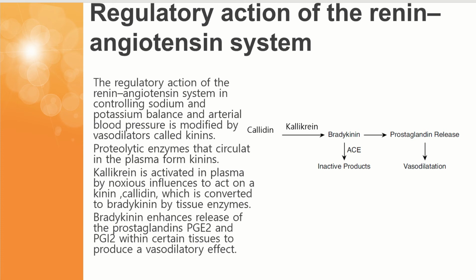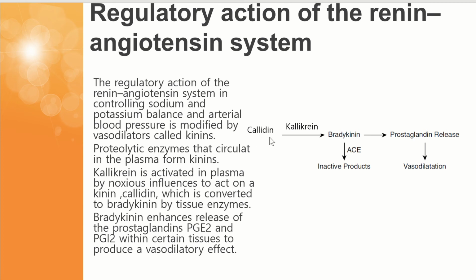And these are proteolytic enzymes that circulate in the plasma that form kinins. So kallikrein, which is, if you look at this diagram here, kallikrein is here, is activated in plasma by noxious influences to act on a kinin, this kinin called kallidin.